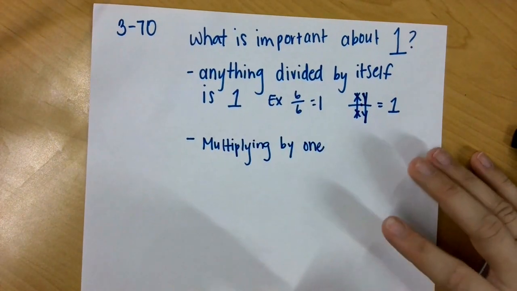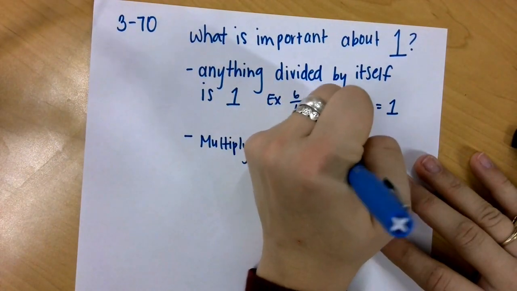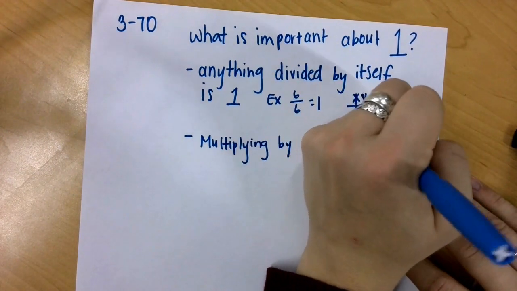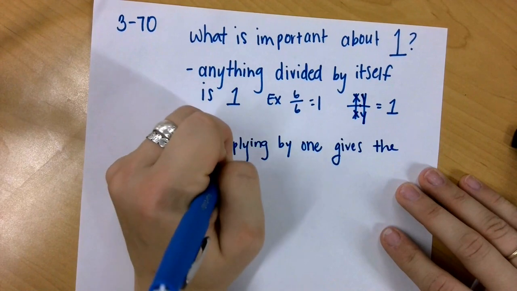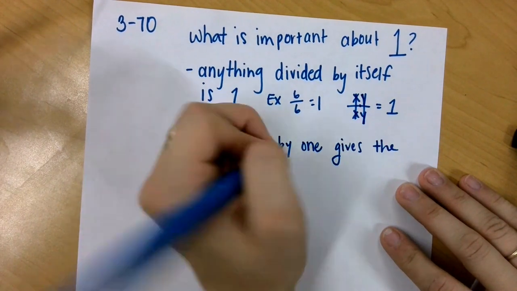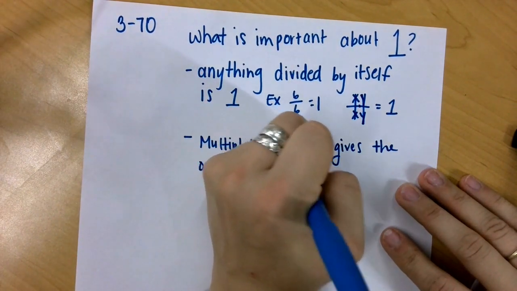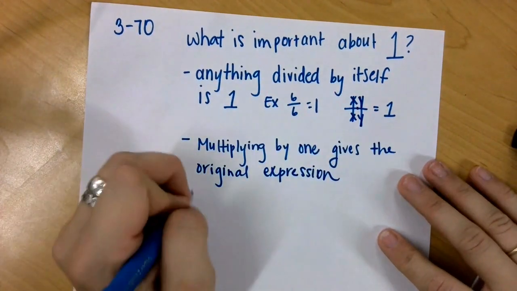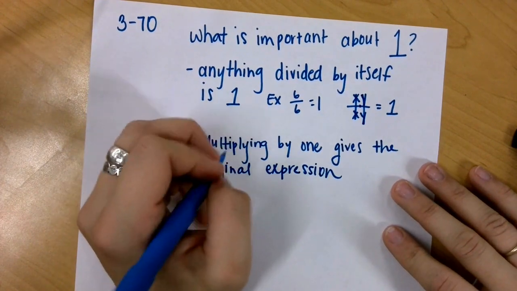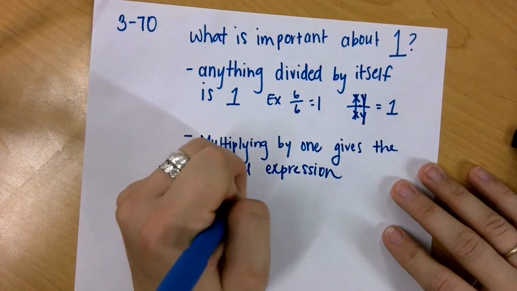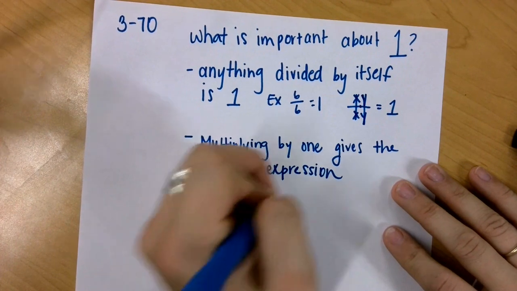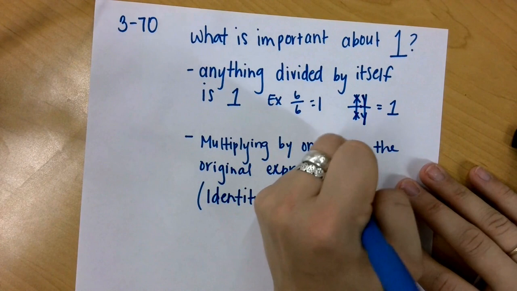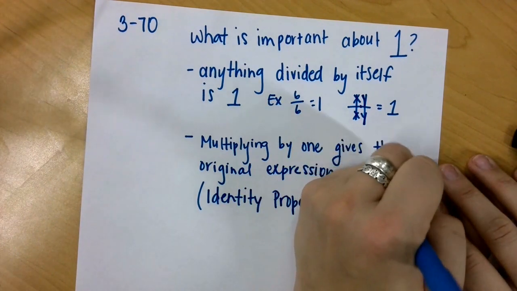Okay, multiplying by 1 gives us the original expression. This is our identity property of multiplication.